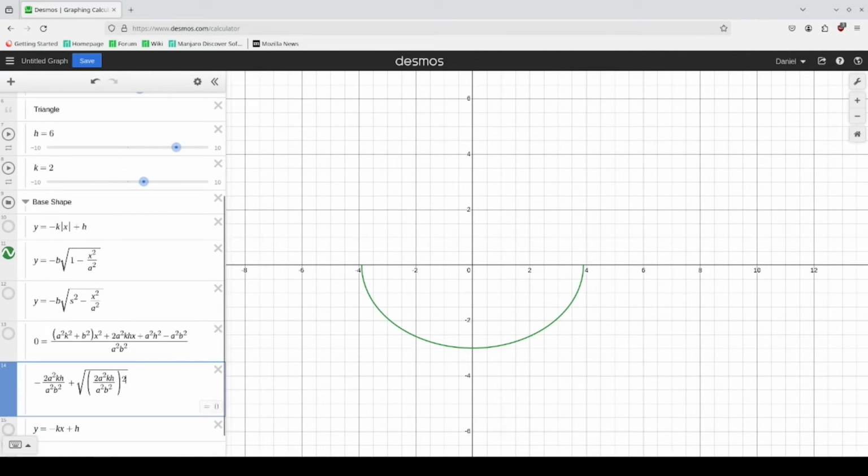let's grab this 4 times. Let's put a multiplication dot. Make sure that we're always carrying this denominator.